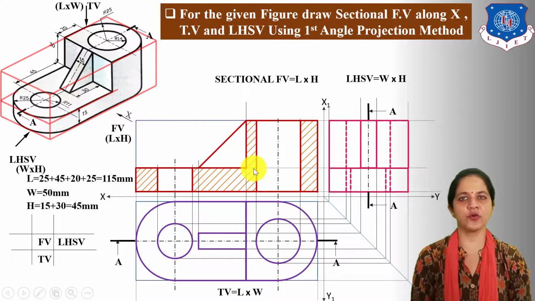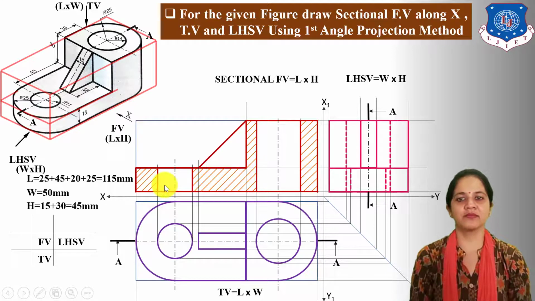In sectional view only draw visible portion of the cut object and locate section or hatching line at 45-degree angle. Distance between two section or hatching lines is 2 to 3 mm, and hatching is applied to the area cut by the cutting plane or touched by the cutting plane.